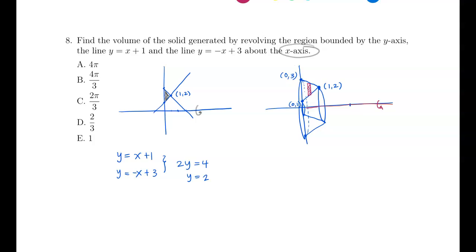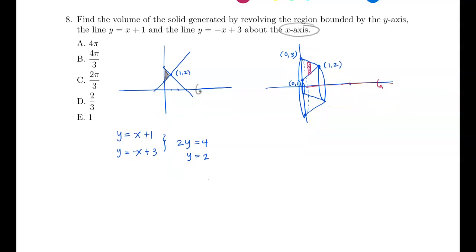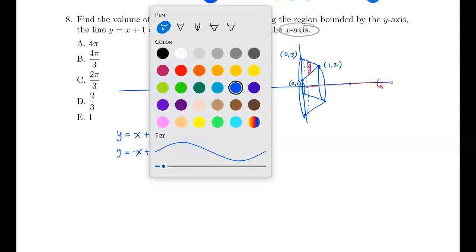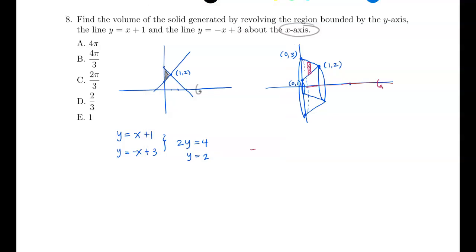Okay, now we have that. So let's set up the volume. Volume is equal to, since this is a vertical strip, this is with respect to x.